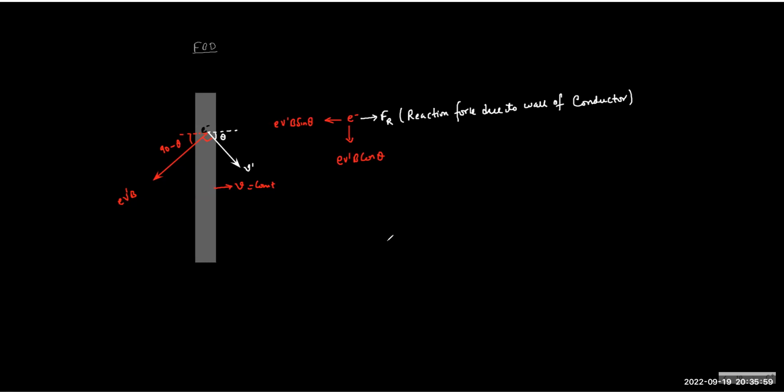Understood? Yes. So if I draw the FBD for the rod, because the reaction on the electron is right, the reaction on the rod will be left. So some agent must be applying force to move it with constant velocity, isn't it? Do you realize this? Yes, sir.